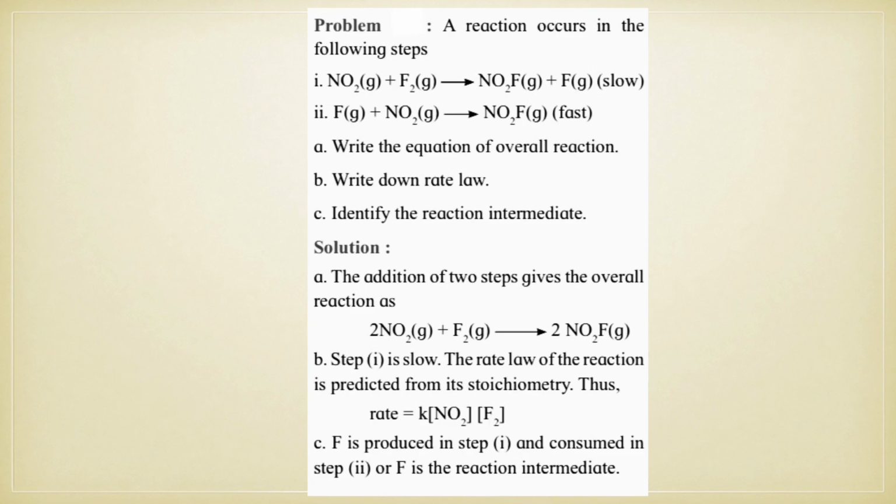If we check which species that is, it is F. So F is produced in step 1 and consumed in step 2, therefore F is the reaction intermediate. Hopefully you understood all these things.